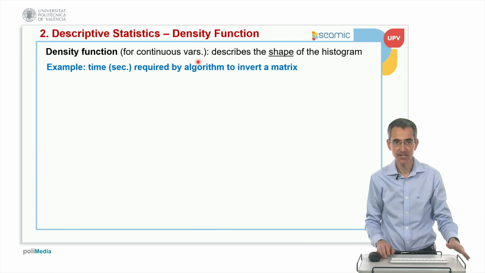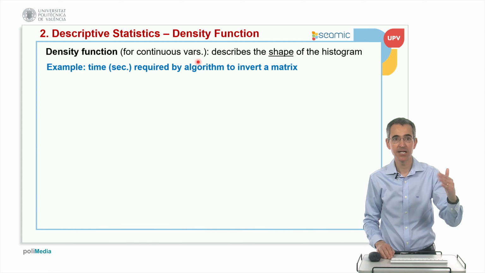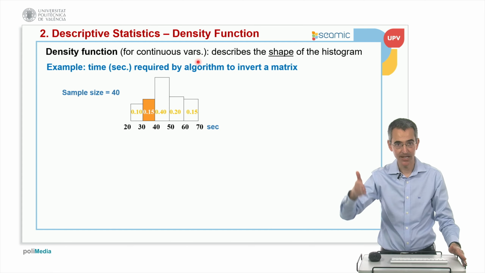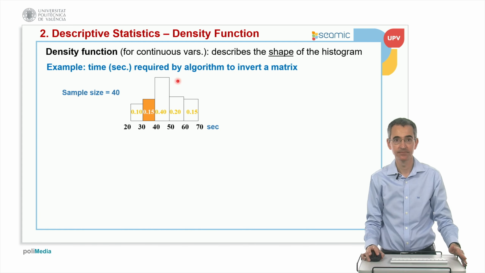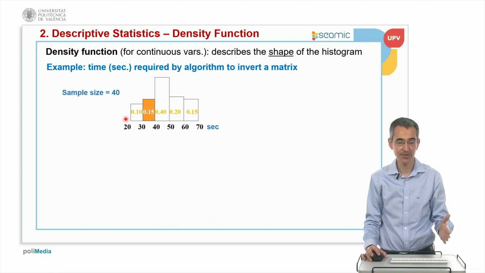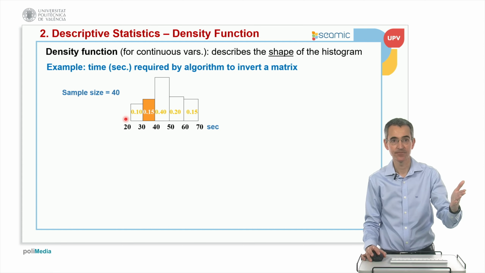So I like to give a relationship between histogram and density function, and this is why I'm explaining this concept here. For example, imagine that I have values of time recorded by an algorithm to invert a matrix, okay? Imagine that I have these values, and then imagine that I have 40 values from this time, and then I make a histogram with them. Remember that usually in the vertical scale, I represent the absolute frequency or the relative frequency.